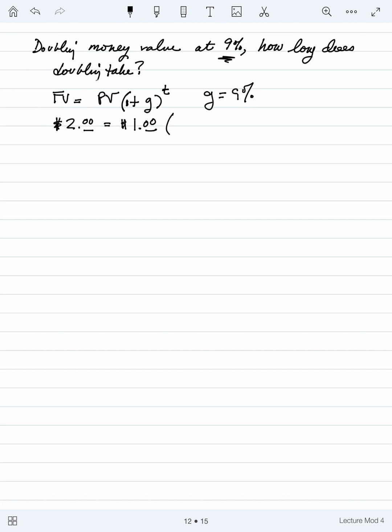So multiply by 1.09 raised to the t, and now you just have to solve this for t. All we did was set up the future value to be twice as large as the present value. You could use $40 for the future value and $20 for the present value and get the same answer. When you solve for t, you get 8.04 years.